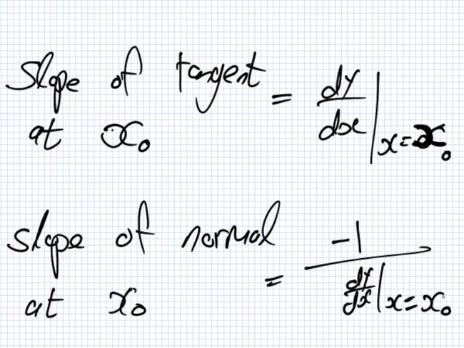And now you should use pi over 3 and root 3 over 2. So you get root 3 over 2 equals minus 2 pi over 3 plus c. So c equals root 3 over 2 plus 2 pi over 3. And we're finished.